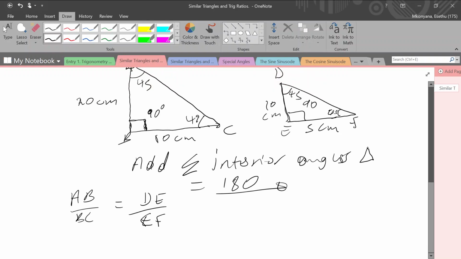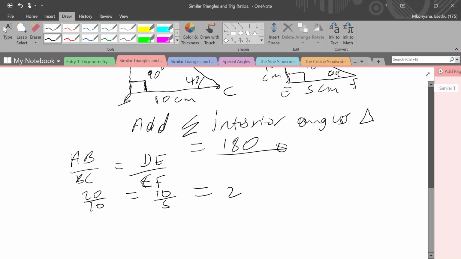We said DE is going to be 10 centimeters, and this here is 5 centimeters. And then right there, DE is 20 centimeters, this one here is 10 centimeters. So if you divide these sides, then you get 2. So which means this is going to be exactly the same. So in a sense, you're having here something like 20 centimeters divided by 10, which is equal to 10 divided by 5, which is equal to 2. So their ratio is exactly the same.